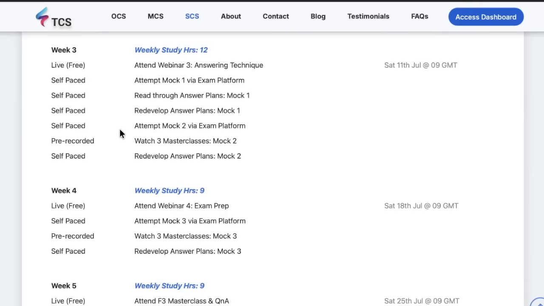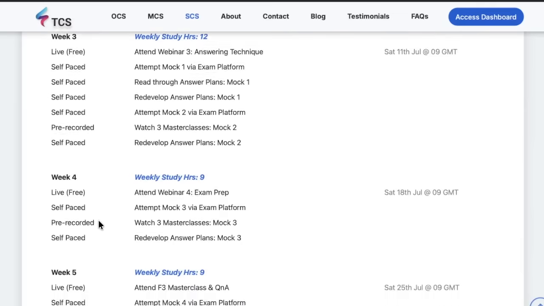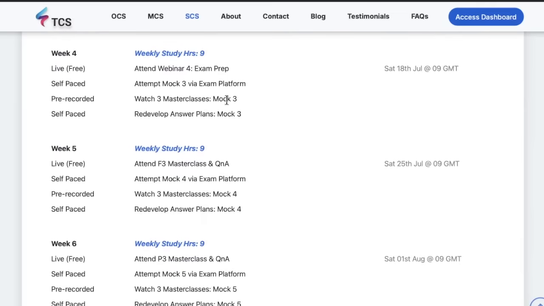So week number 3, which is next week, is going to be the most hectic one because you are supposed to master 2 mock exams within week number 3. That is why the weekly study hours come up to 12 hours in total. But from week 4 onwards, it is simply a matter of having to dedicate just 9 hours of study time per week.